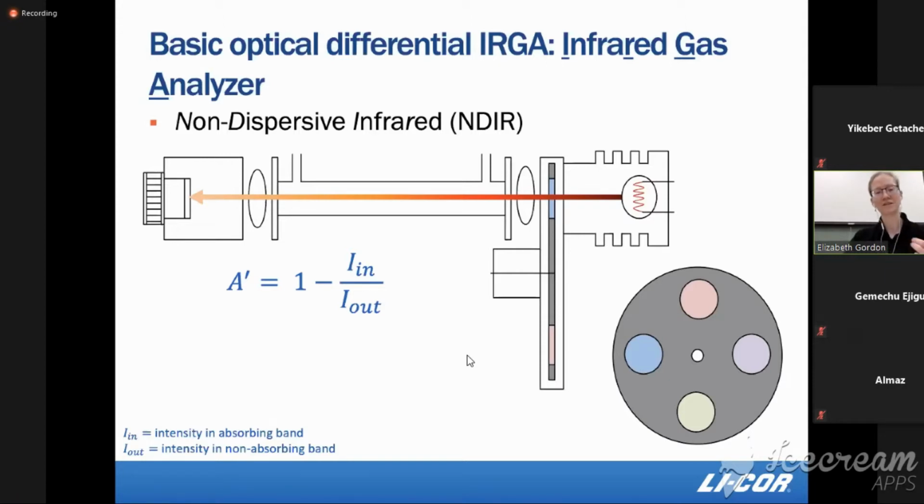And most of our infrared gas analyzers have an absorbing region and a non-absorbing region. So what that does is tells us what the background absorbance is, the dirt, the dust, everything, versus what is actually CO2 or H2O. All of our instruments are built like that, with a CO2 absorbing region, an H2O absorbing region and a non-absorbing region.